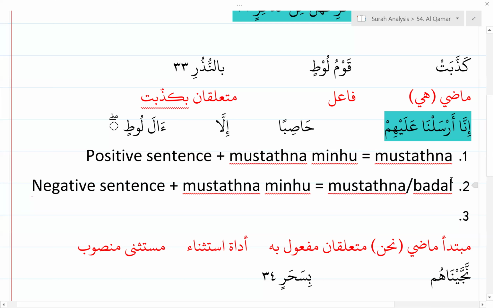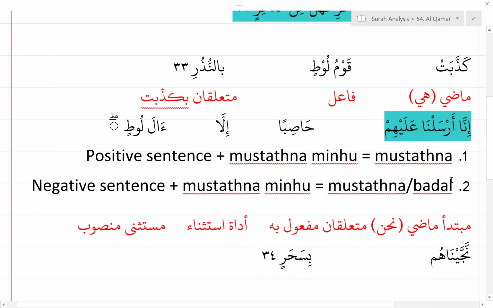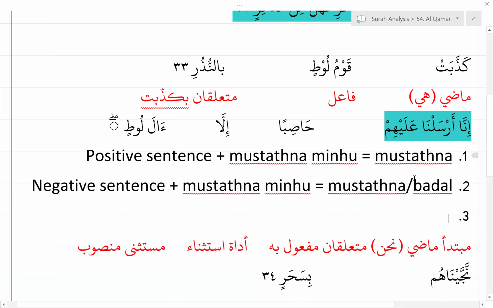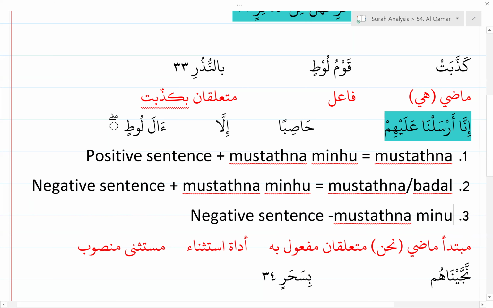And then you have the last case where you have a negative sentence without the mustathna minhu. The mustathna minhu is not mentioned, so minus mustathna minhu. I'm giving you formulas today. What do you get?